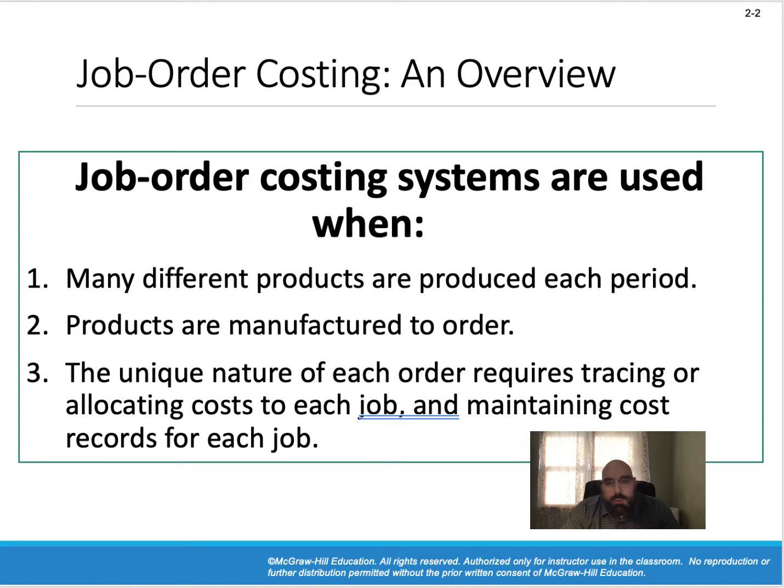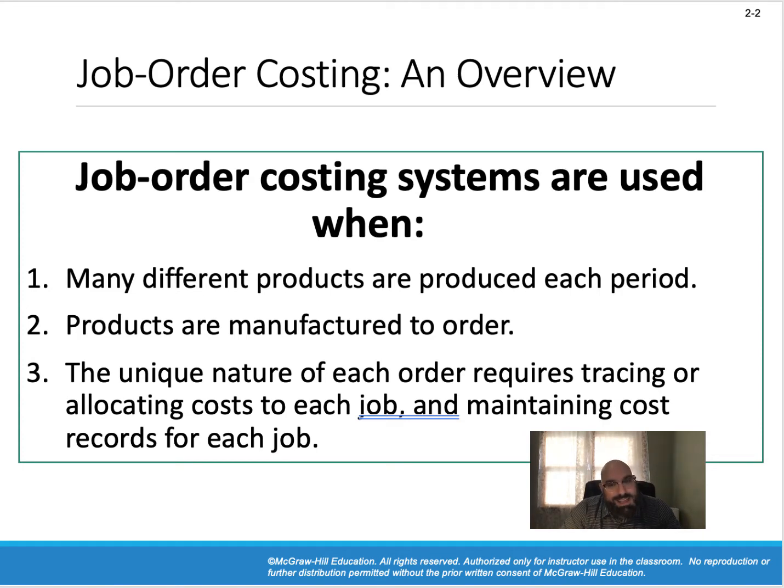So just as a quick review, direct costs are easily and conveniently traced to a unit of product. Indirect costs are not easily and conveniently traced to a unit of product. And then we have our manufacturing costs, which are direct material, direct labor, and manufacturing overhead.